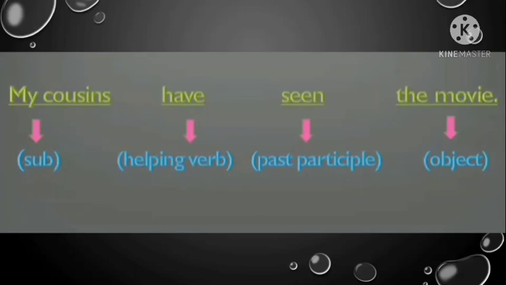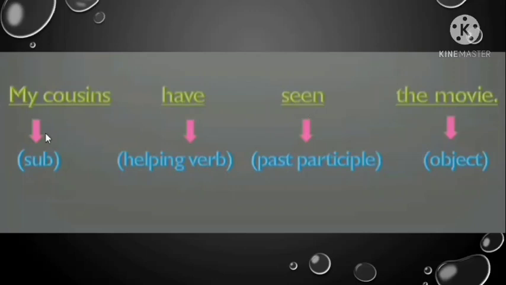And the structure to form the present perfect tense is we begin the sentence with the subject. In this case, my cousins is the subject, and the subject is plural here. If the subject is plural, we use the helping verb have, followed by the past participle form of the verb. The past participle of the verb see is seen, and then the object.